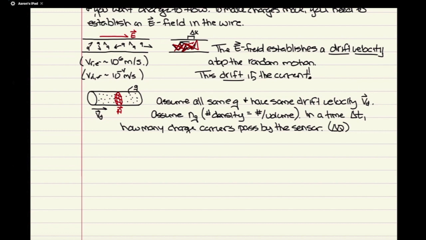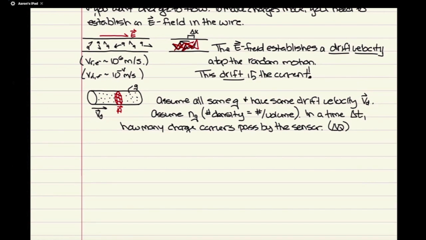Since we are talking about flux, another way of phrasing this is: what is the flux of particles through the sensor? If the sensor has some cross-sectional area A, and since it's a cross-sectional area, I've written it as a vector, there's some normal vector associated with it that points perpendicular to the surface. And I want to look at the flux of stuff going through that sensor.